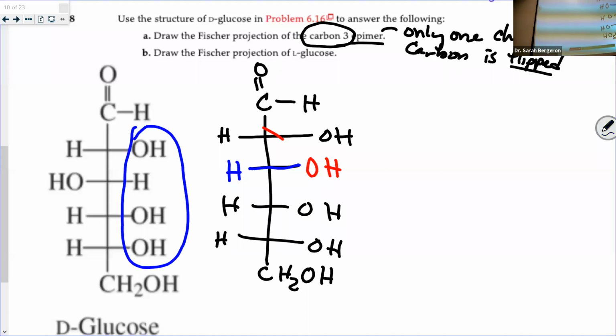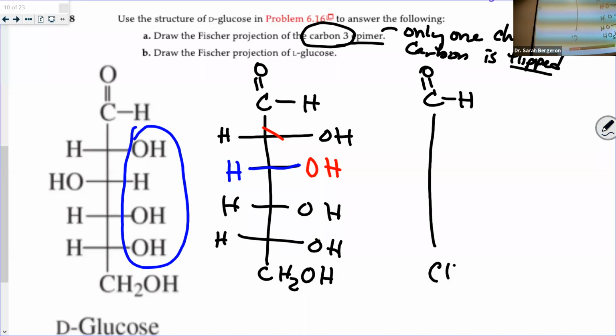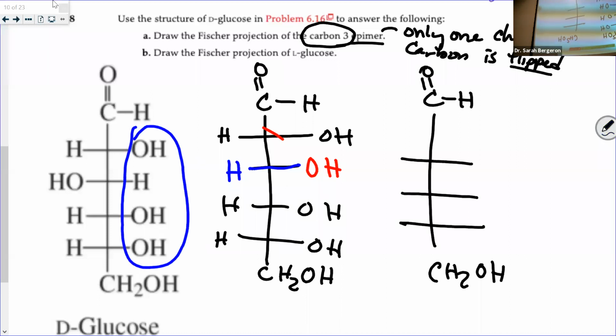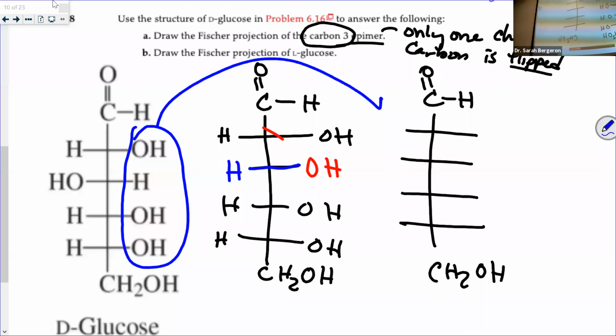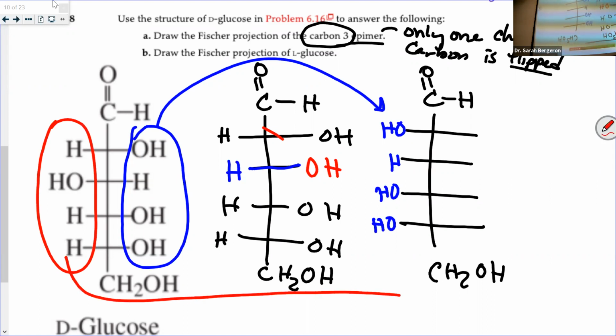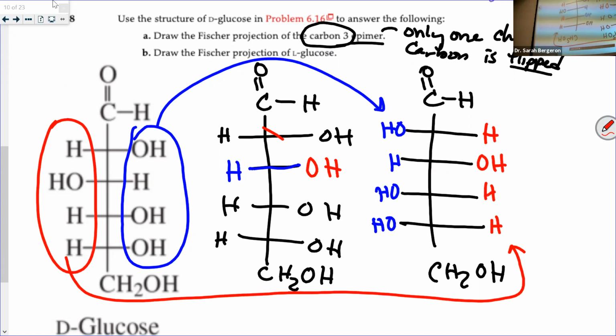So let's draw our base again. Okay, so everything that was on this side is now going to be on this side. So I need OH, H, OH, OH. Everything that is here is going to be here. H, OH, H, H.